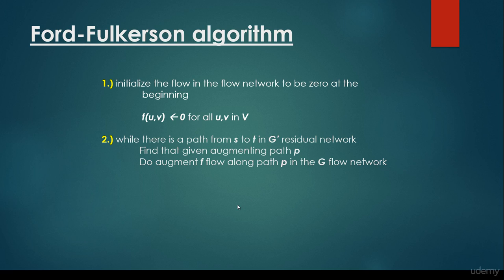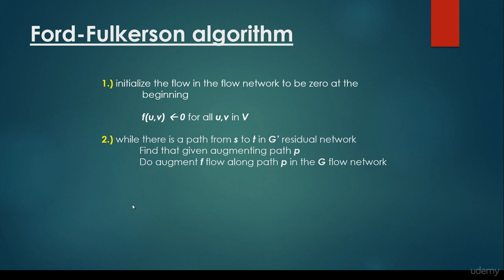We calculate whether it is possible to flow some units over the edges. And if it's possible, then we update with these updated flow parameters the edges of the original G flow network, and basically we keep iterating while we can find any more augmenting path in the residual network.